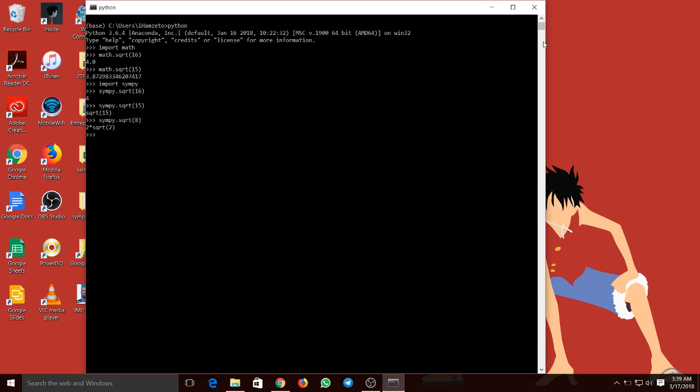So now let's go with a much more interesting example. This one is much more complicated and has real symbols inside.